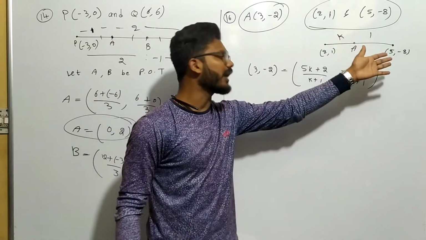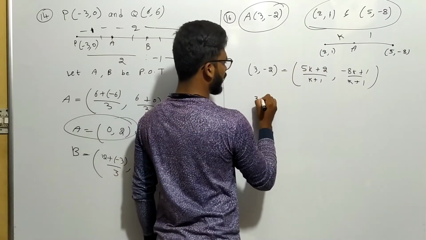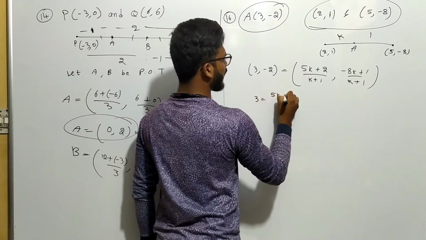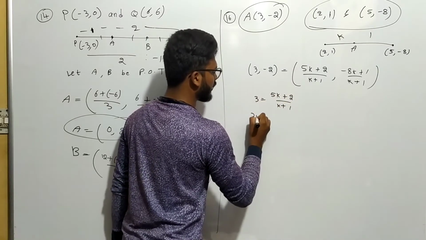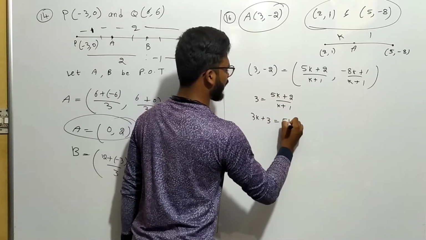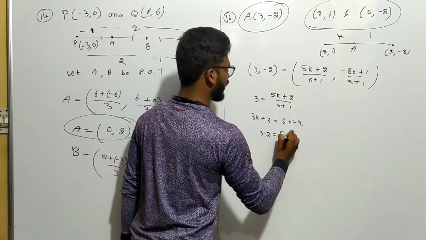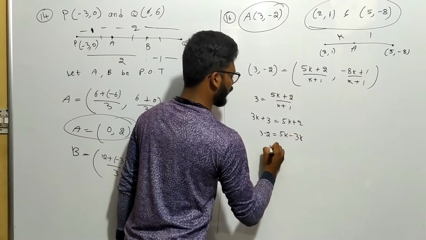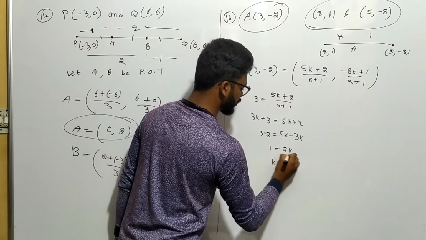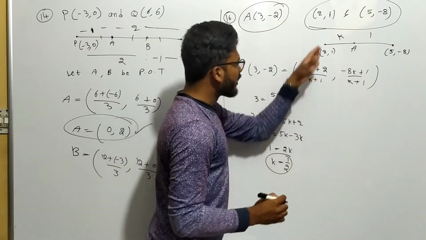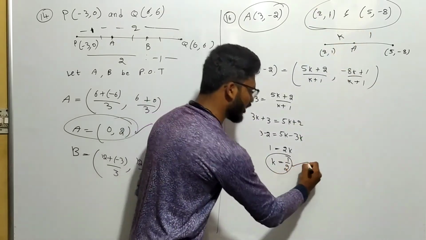If we divide in the ratio k:1, then the points are like this. That implies 3 equal to (5k + 2)/(k + 1). That implies 3k + 3 equal to 5k + 2. 3 minus 2 equal to 5k minus 3k. 1 equal to 2k, k equal to 1/2. So A divides (2, 1) and (5, -8) in the ratio 1:2.